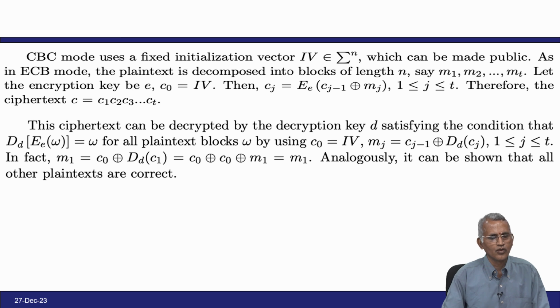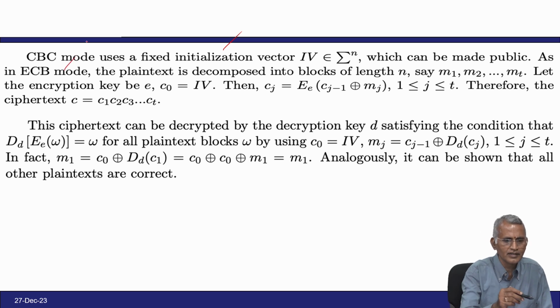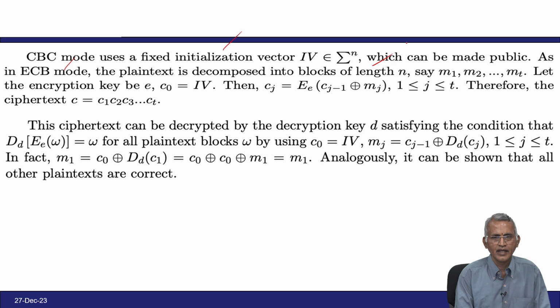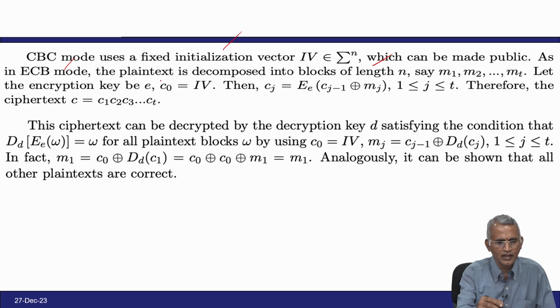Now, CBC mode uses a fixed initialization vector IV belonging to Σ^n, which can be made public. As in ECB mode, the plaintext is decomposed into blocks of length n, say m1, m2 and so on up to mt. Let the encryption key be E, and C0 equal to IV.